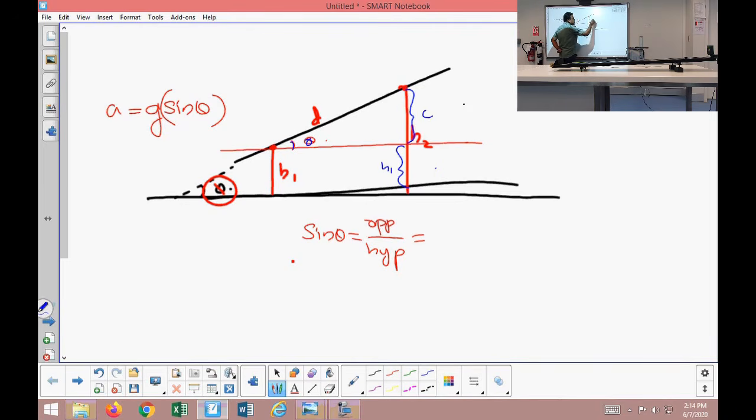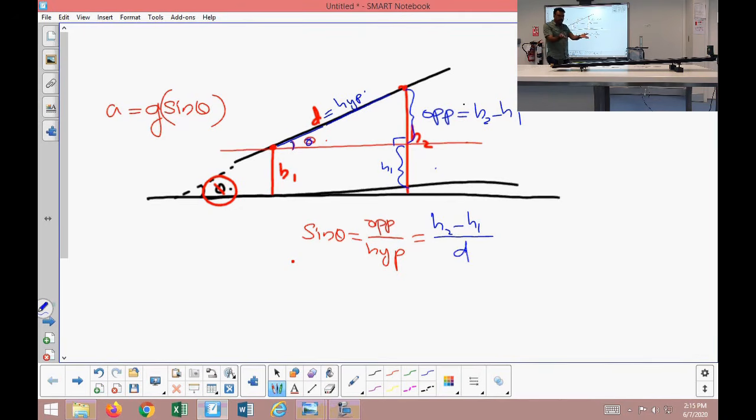So the opposite side is h2 minus h1. And what is the hypotenuse, the side opposite the 90 degree angle? This is the hypotenuse, so the hypotenuse is d. That means sine theta is the opposite side, h2 minus h1, divided by d.